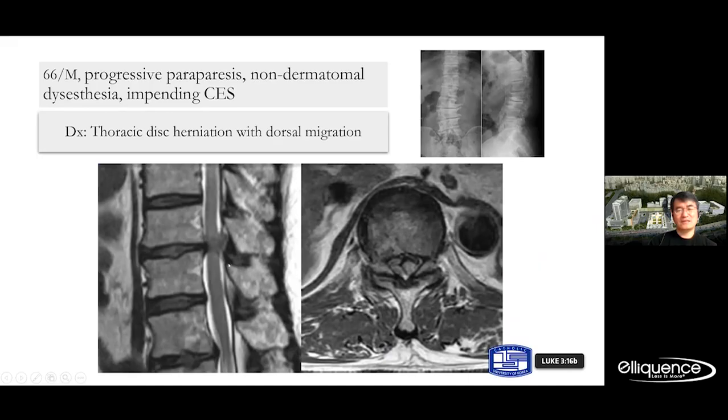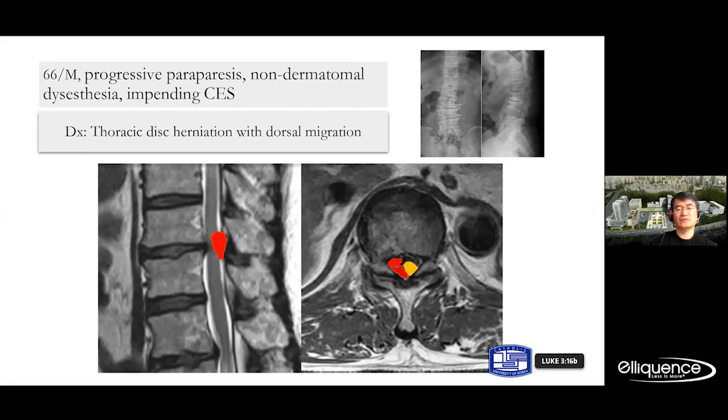There's a large disc herniation, but it's not easy to identify the margin of the disc and the normal margin of the thoracic cord. If you see the MRI axial in detail, there are three components there. That is the migrated dorsal side spinal cord from the disc level.